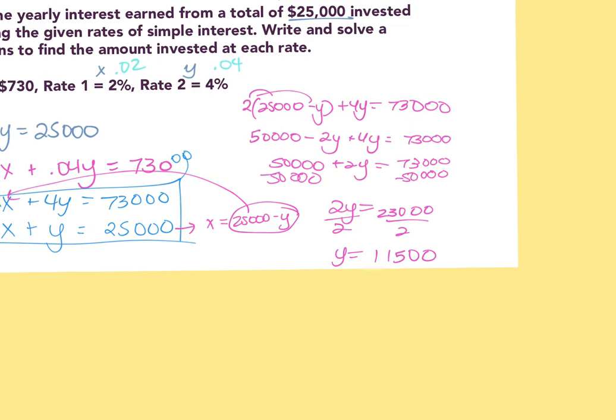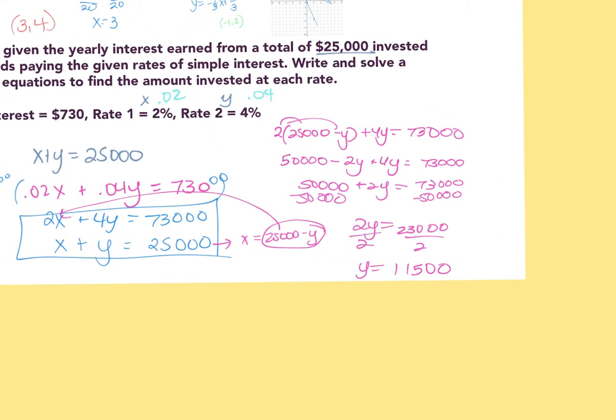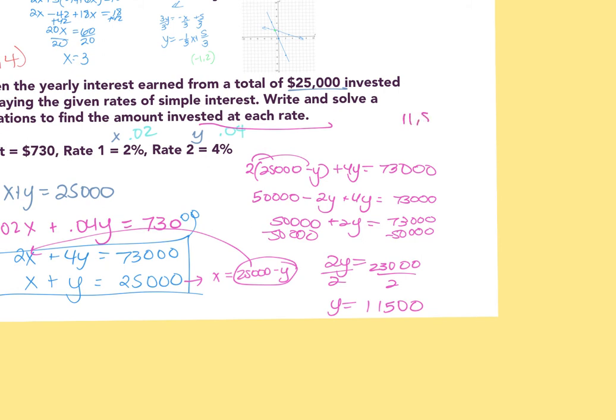That's your y. And then it says in each rate, so that's the y is your $11,500 at 4%. And then I would do 25,000 minus that. $13,500 at the 2%, which would have been the x.